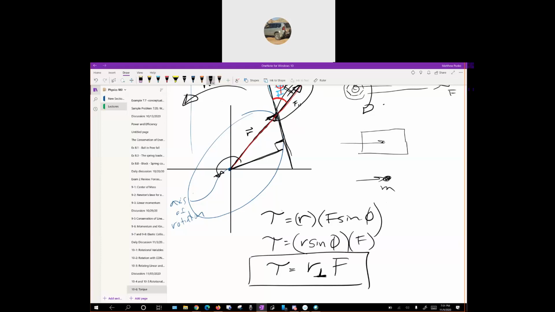And in the next chapter, chapter 11, we'll get further into this rotation stuff, and we'll see that torque is actually best done if we treat it like a vector, and it is equal to r crossed into F. So we don't have to look at the perpendicular or parallel component. You just crank the handle on the cross product.